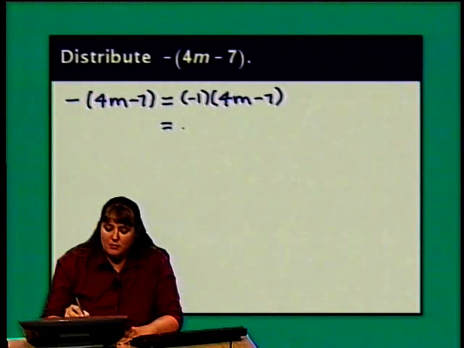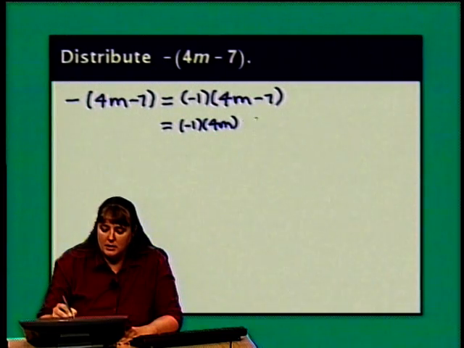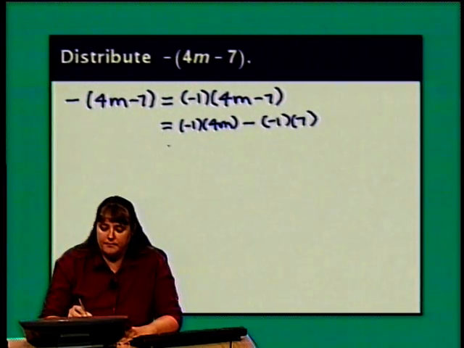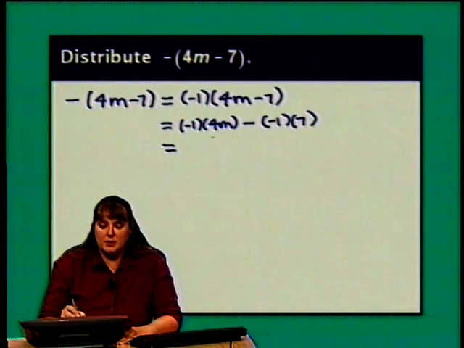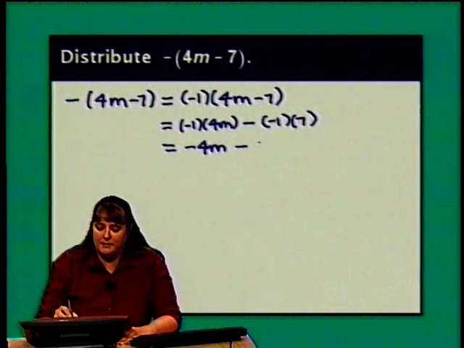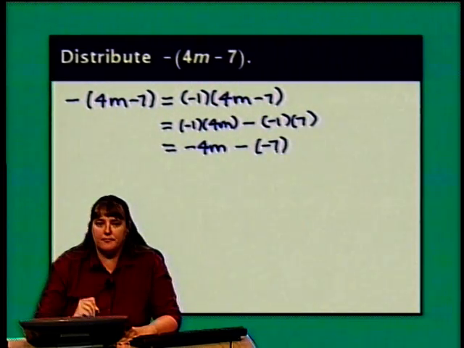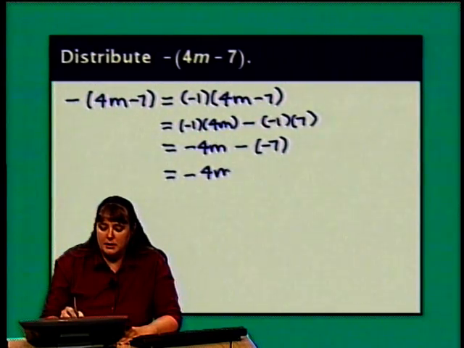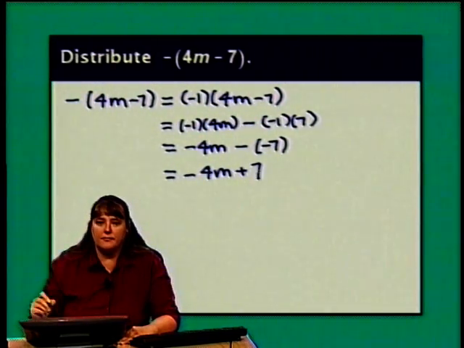So I have negative 1 times 4m minus negative 1 times 7. Negative 1 times 4 is negative 4, so my first term is negative 4m, minus negative 1 times 7 is negative 7. And I can rewrite this as negative 4m plus 7.